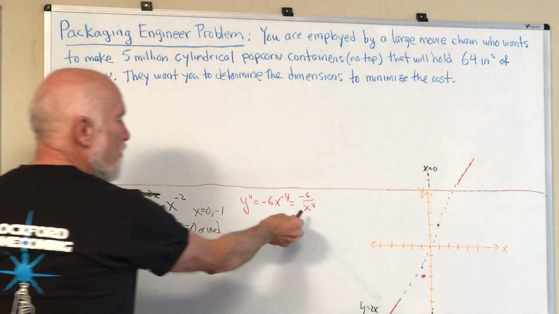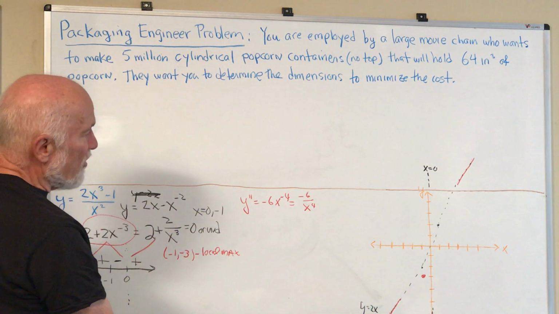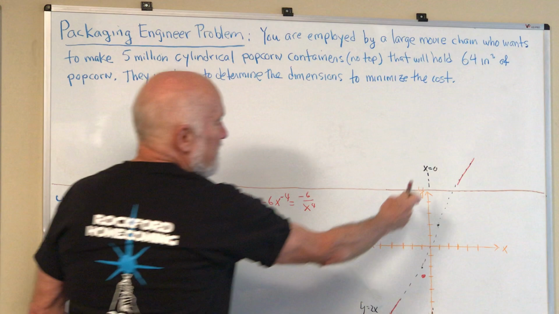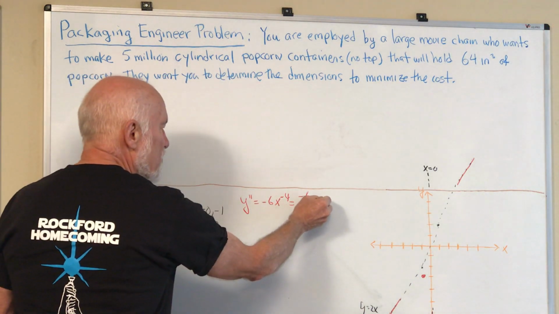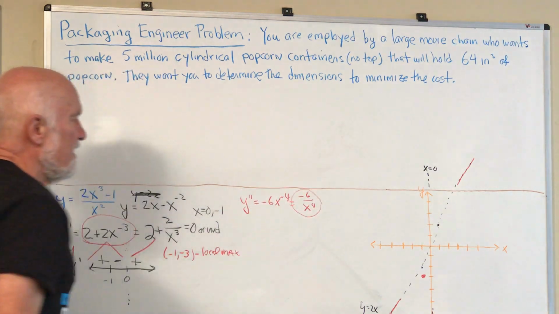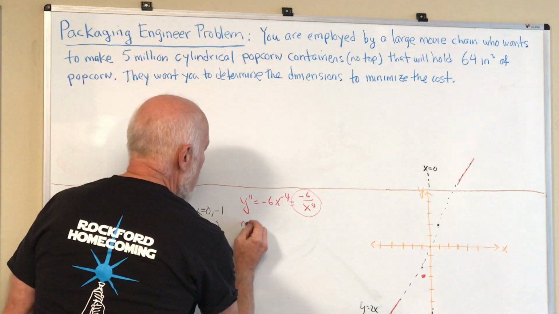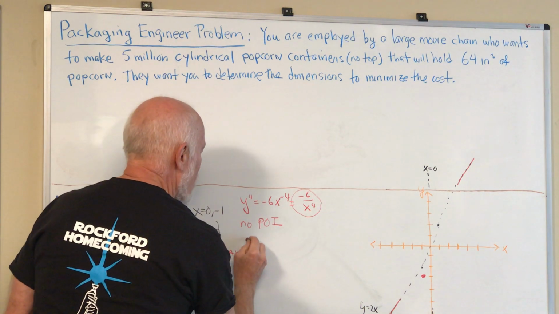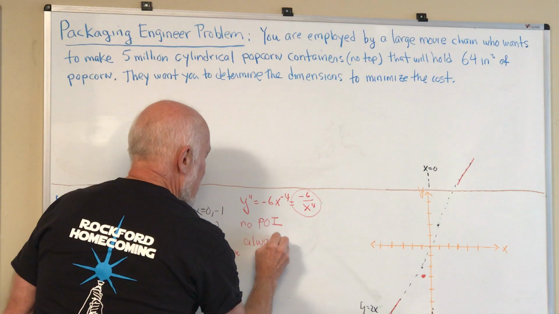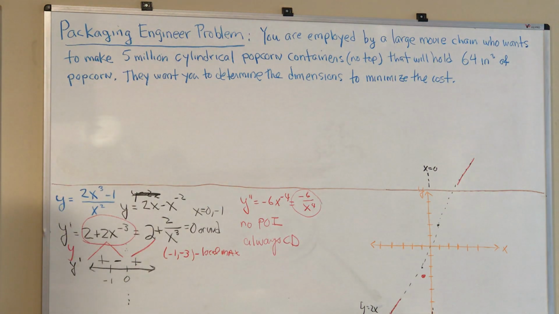Well, x to the 4th is always going to be positive, except at 0 where it's undefined, but we know we have an asymptote there. So I think you can see you don't even have to put this on the number line. That is always going to be negative. So I can say there's no points of inflection, and I can say the function is always concave down because the second derivative is always negative.